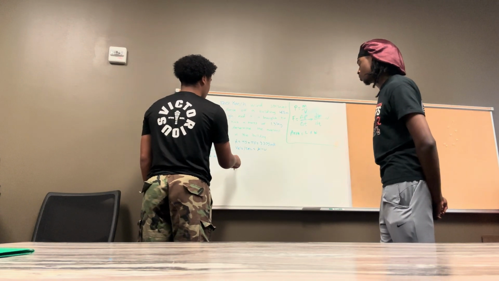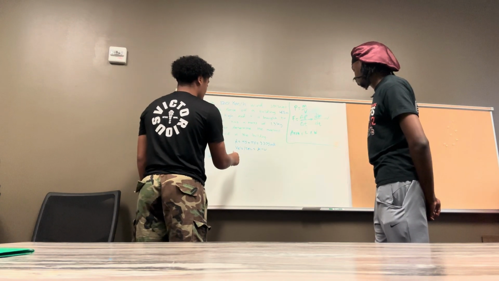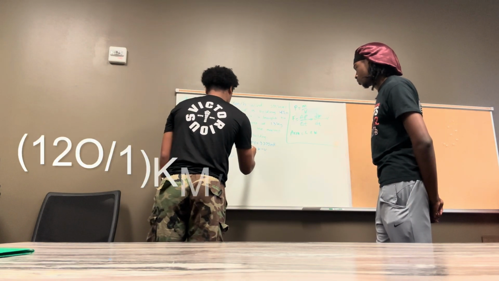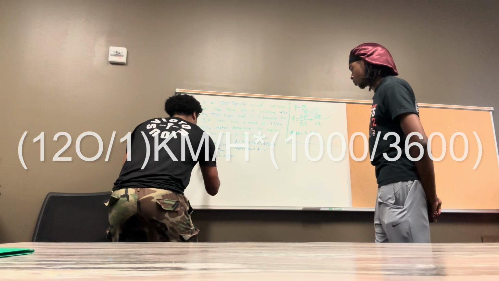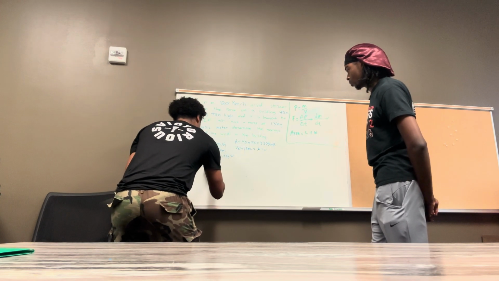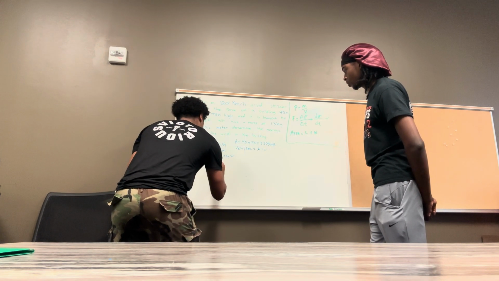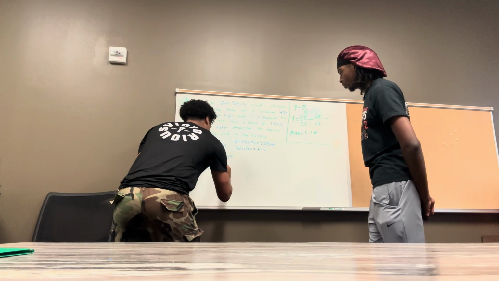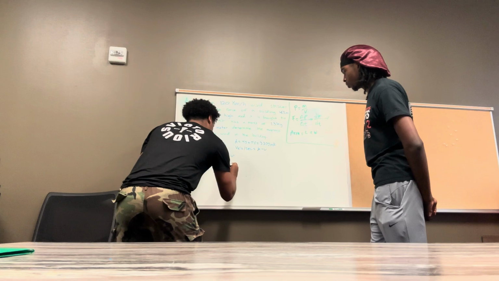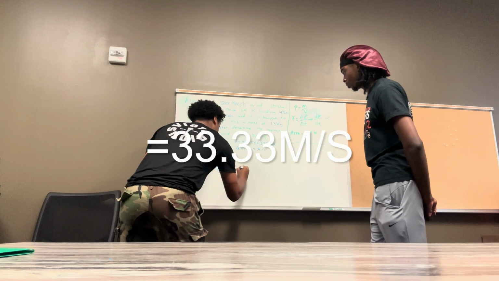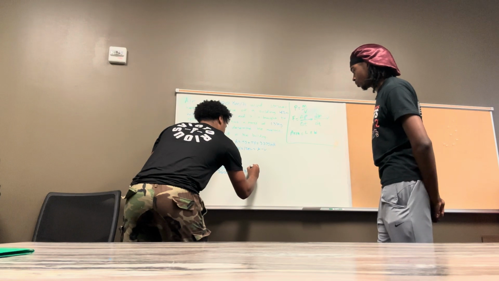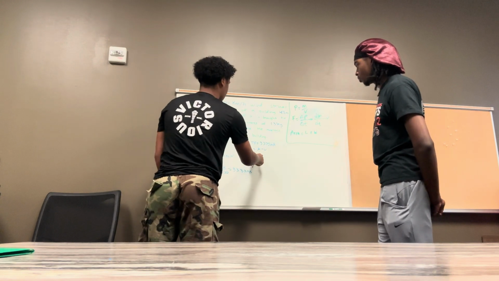However, we had to convert it into meters per second. In that case, we'll multiply by the constant to get meters per second, which is equal to 33.33 meters per second.